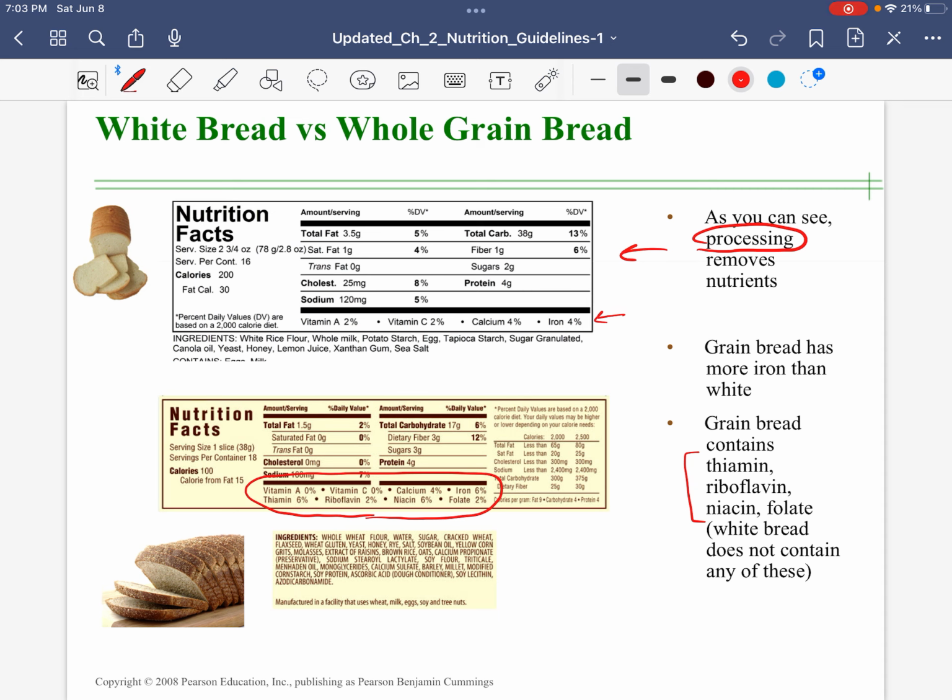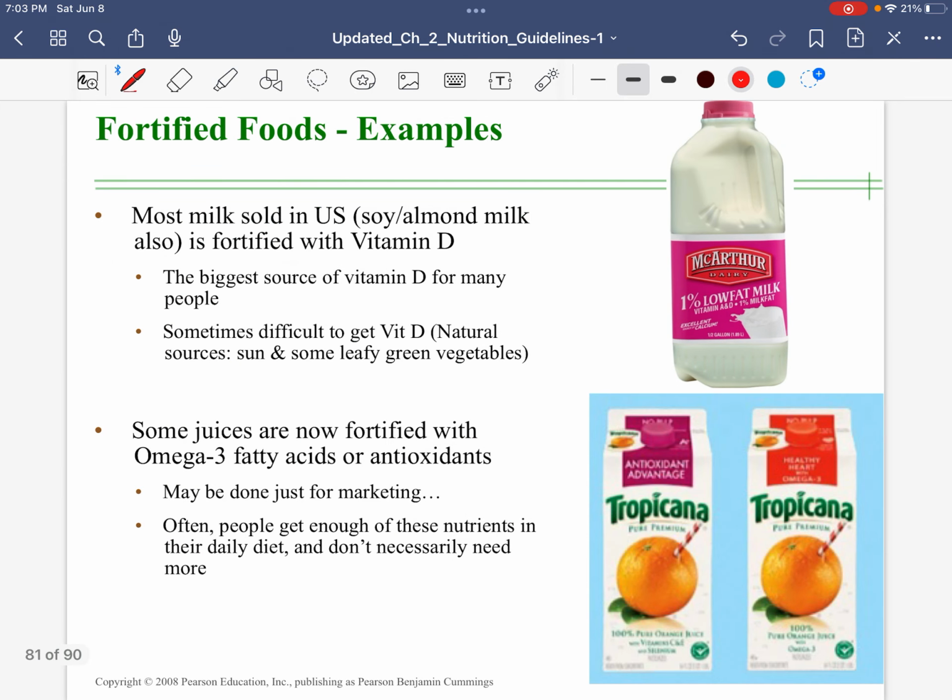I'm not going to show you specific labels and have you analyze like this on a test, but I'm just pointing some things out. I mentioned fortified and enriched. A lot of our milk products, including soy milk, almond milk, are fortified. And that means that they add vitamin D in. Sometimes fortified means they add it above original levels.